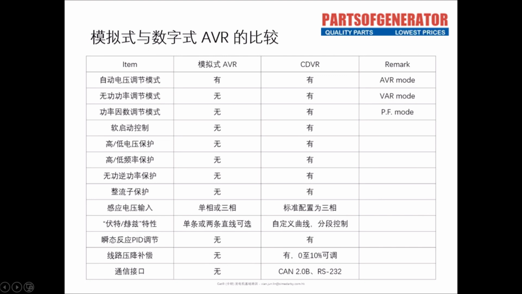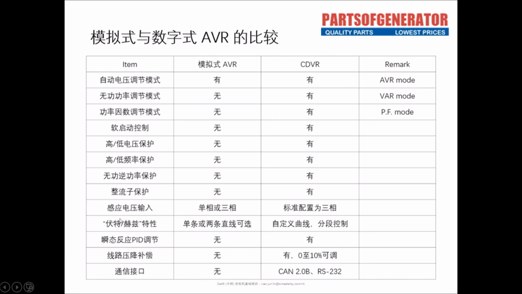In addition, the analog AVR cannot do high voltage, low voltage protection, high frequency, low frequency protection, reactive power protection, and rotating commutator protection.